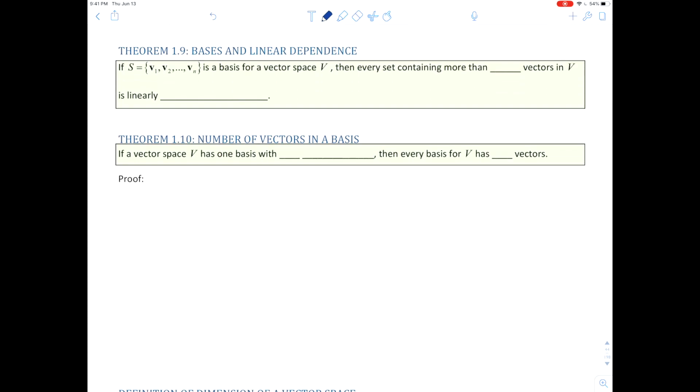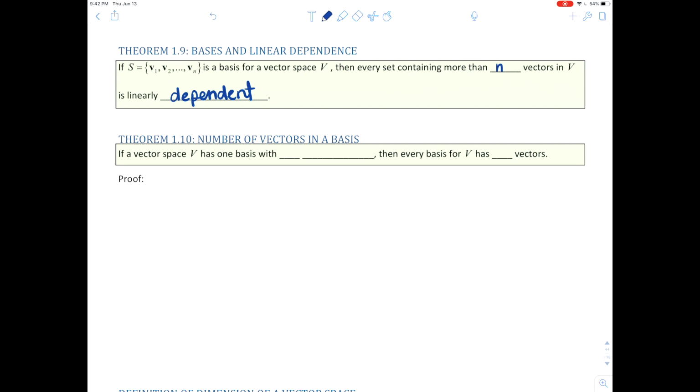All right. Here we go. Theorem 1.9, very useful. Bases and linear dependence. If S, the set S, is equal to vector v1, vector v2, all the way down to vector vn, is a basis for a vector space V, then every set containing more than n vectors in V is linearly dependent. Okay?